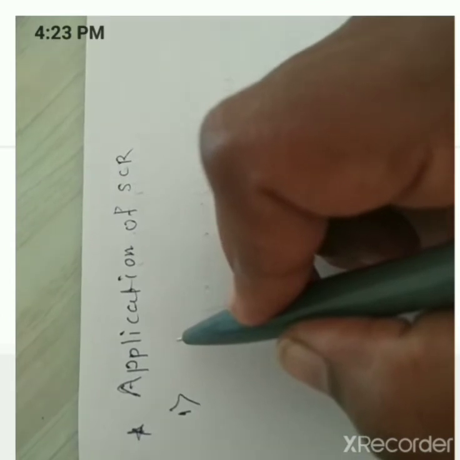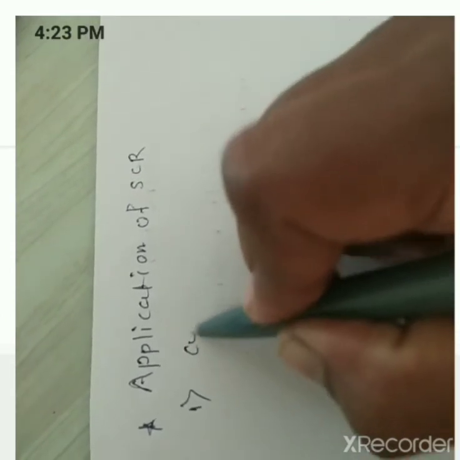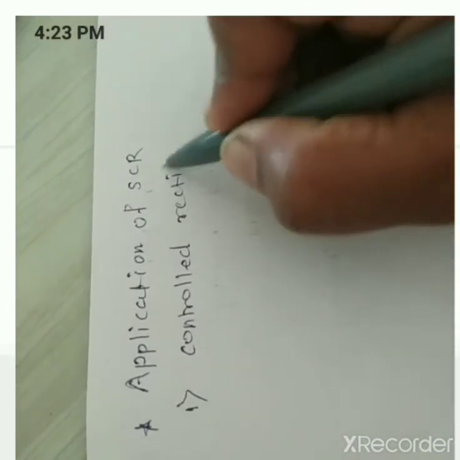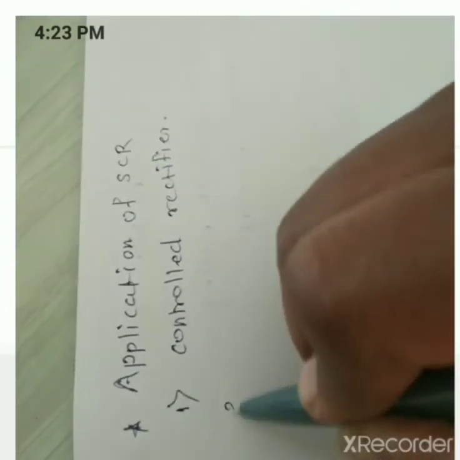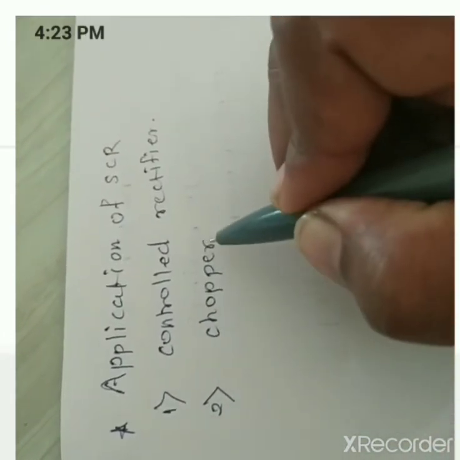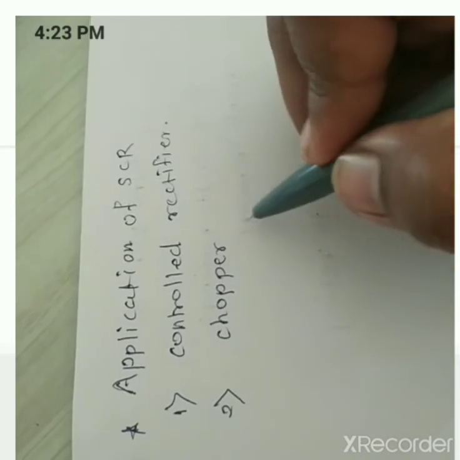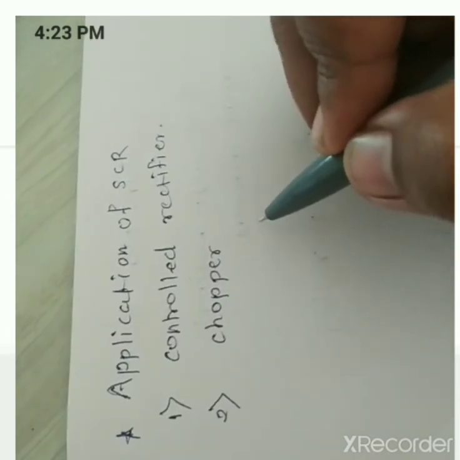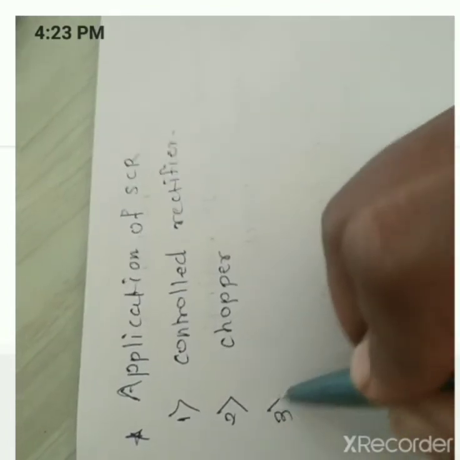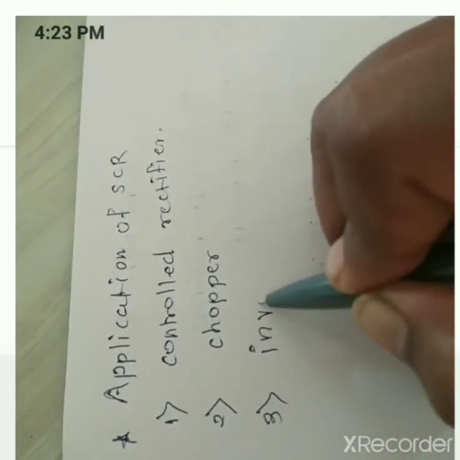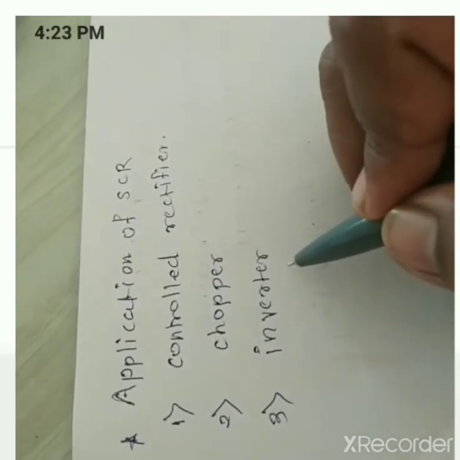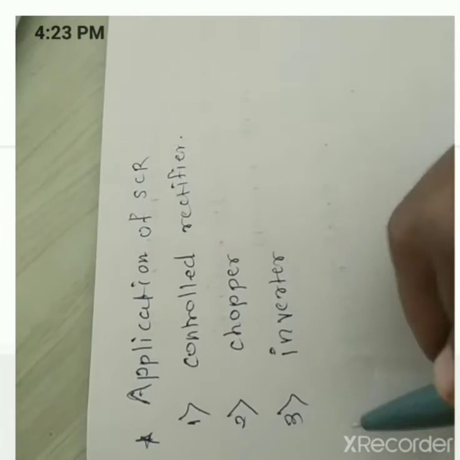Next, it is used in choppers. We all know a chopper is nothing but a DC to DC converter, and for converting DC to DC, SCR circuitry is used. Then it is used in inverters. An inverter is nothing but a DC to AC converter.